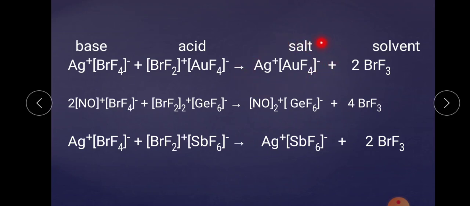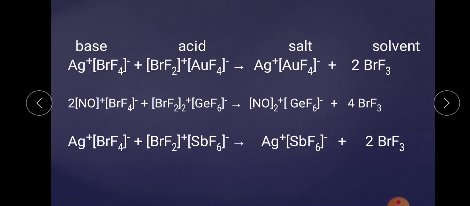These salts cannot be developed easily by other methods, but by a simple neutralization method using BrF3 as a solvent, we can develop this type of salt very easily, which is much more convenient compared to the other methods.